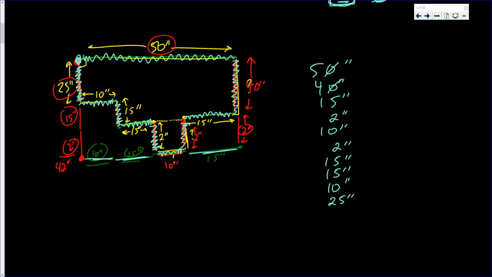0, 0, 0, 5, 10, 15, 20, 22, 24. 4 carried the 2. 5, 9, 10, 12, 14, 15, 16, 17, 18. 184 inches.